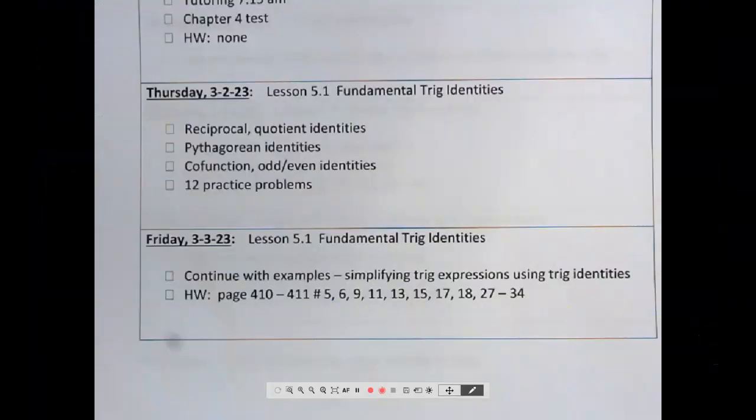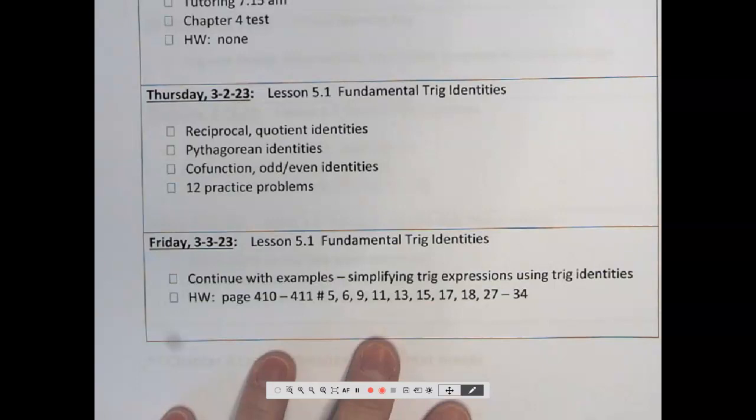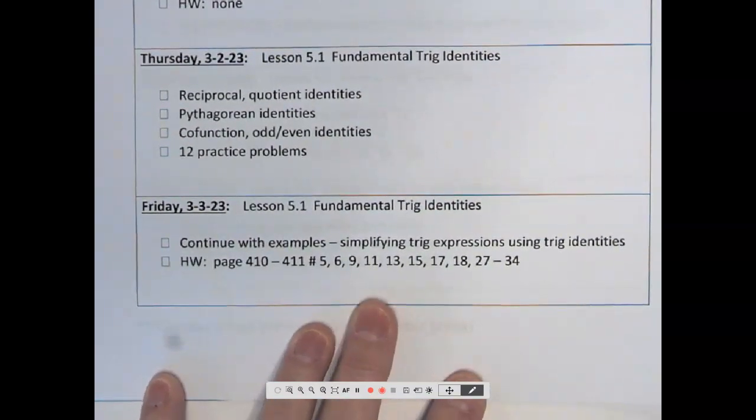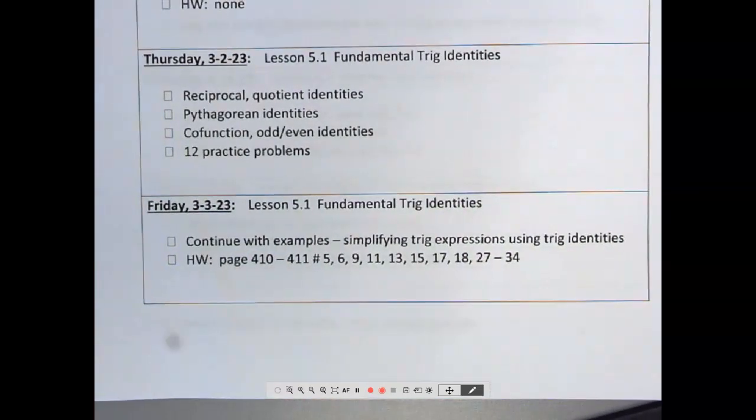Okay, so taking questions from Friday's assignment, from these right here. 5, 6, 9, 11, 13, 15, 17, 18, 27 through 34. Yes, ma'am. 32. 18? 15. 5 and 6. Okay, yes.